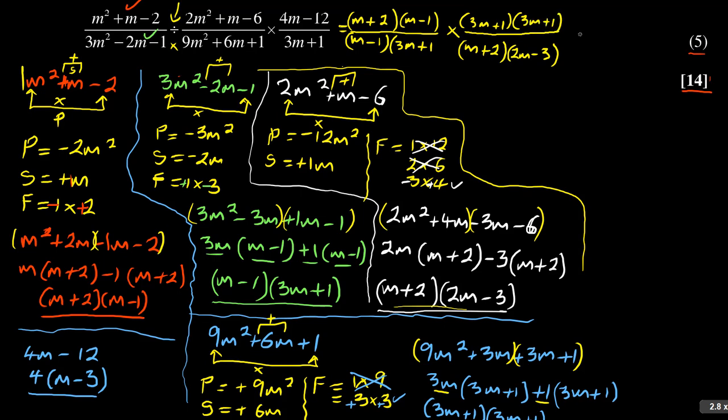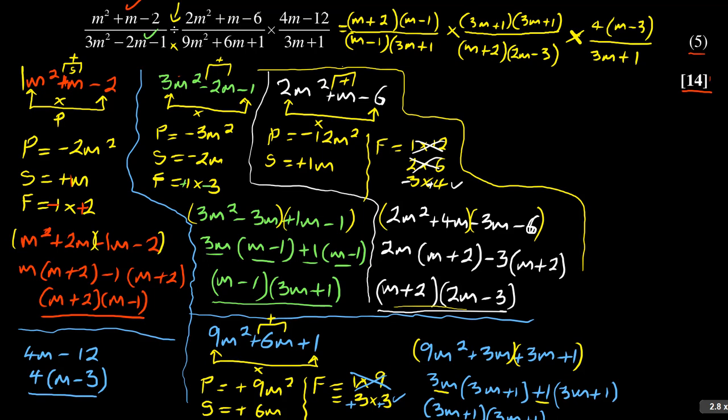And then I will multiply that by 4m minus 12. We said it became 4, which is m minus 3 all over 3m plus 1. So this is basically the simplified or the factorized version of the first fraction.